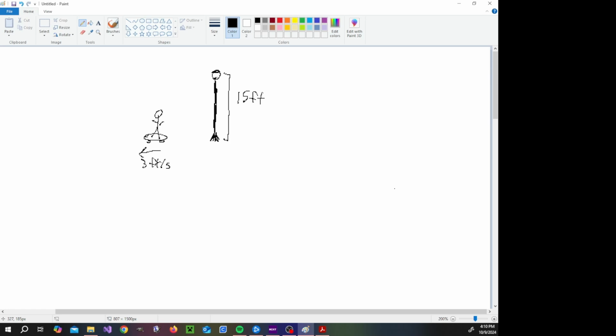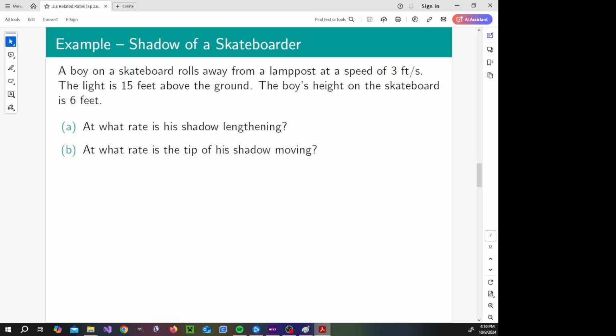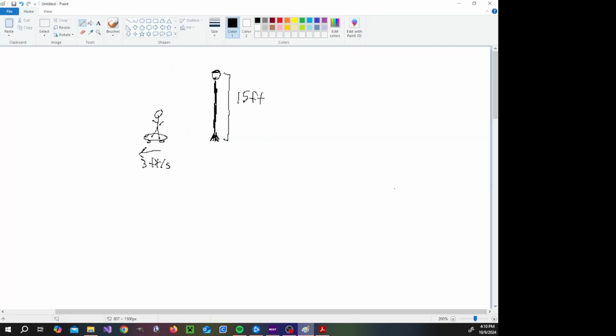Okay, so we can immediately tell we're going to be saying something about triangles, right? Well, this says at what rate is his shadow lengthening, right? So his shadow is going to be made by how the light is angled at him right there.